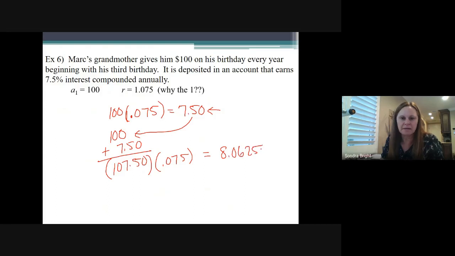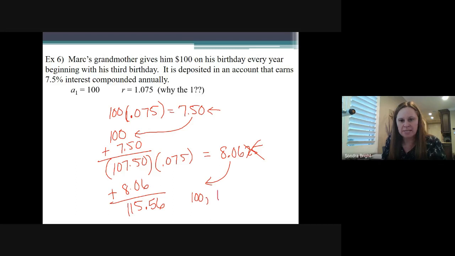Well, obviously the bank's not going to give you that much, right? So then they added $8.06 to that guy, so plus 107.5, and now he's got in his bank 115.56, right?